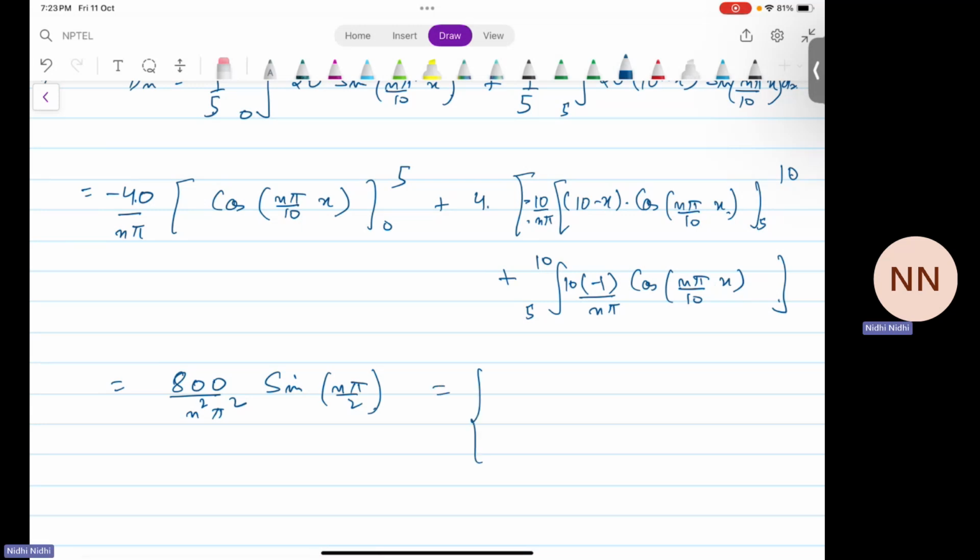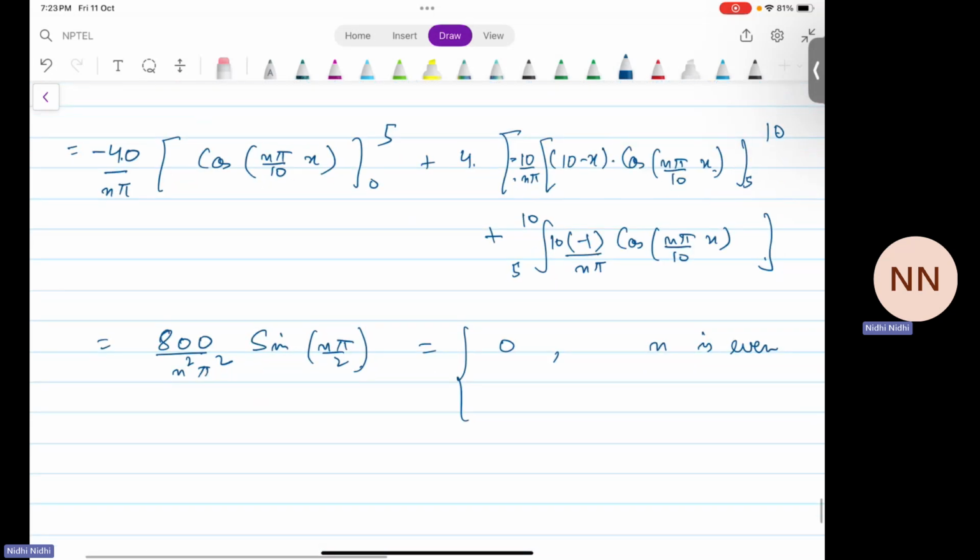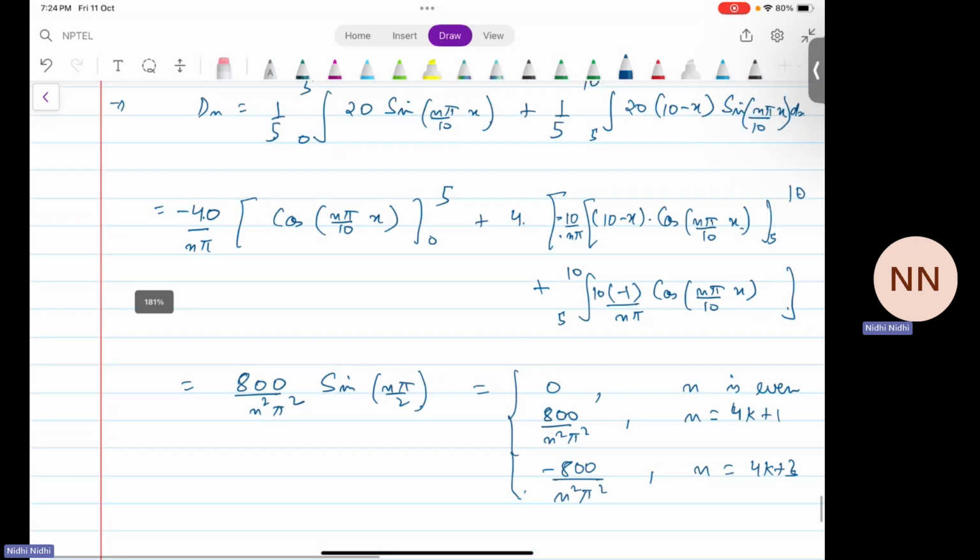So this is 0 when n is even. This is 800 by n square pi square, where n is of the form 4k plus 1, and this is minus 800 by n square pi square, where n is of the form 4k plus 3. So this is our d_n.